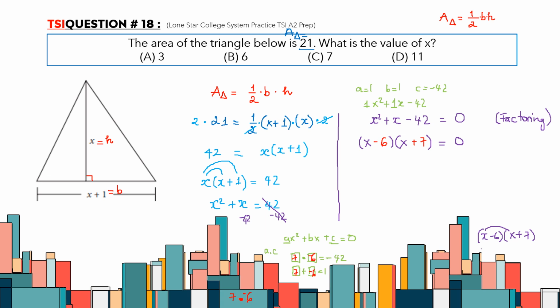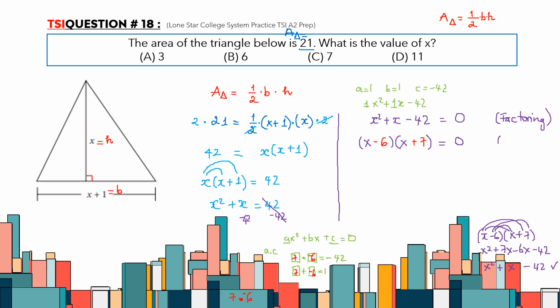So x times x is x squared, x times 7 is plus 7x. Negative 6 times x is negative 6x. Negative 6 times 7 is minus 42. So we simplify it: x squared plus x minus 42. Yes, we got what we began with.